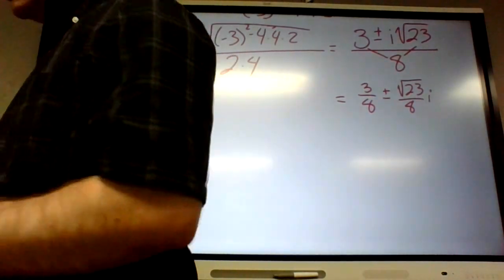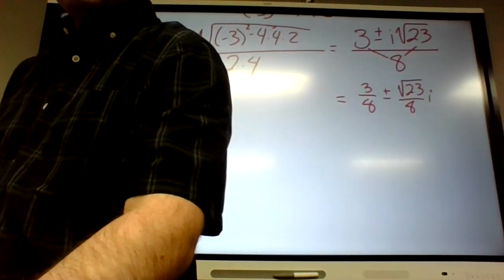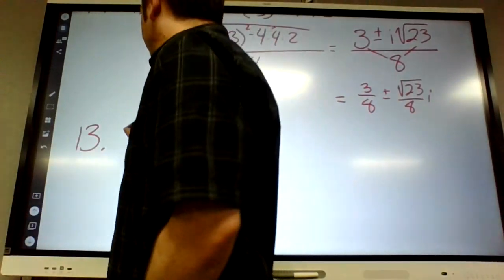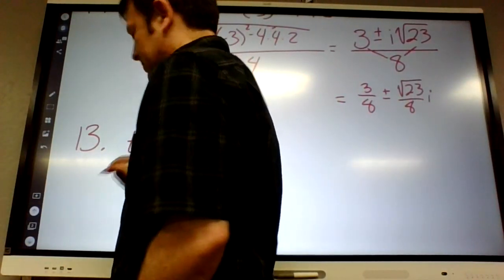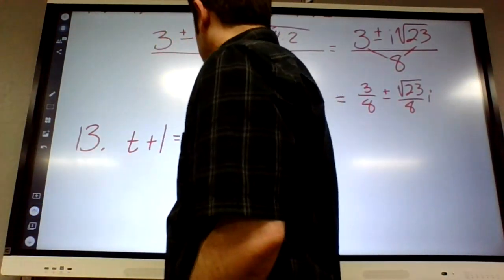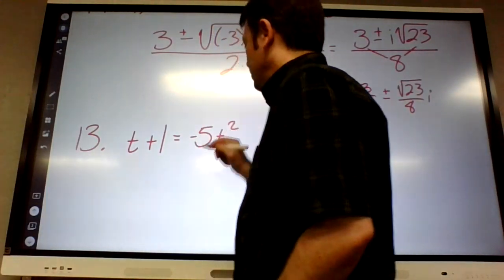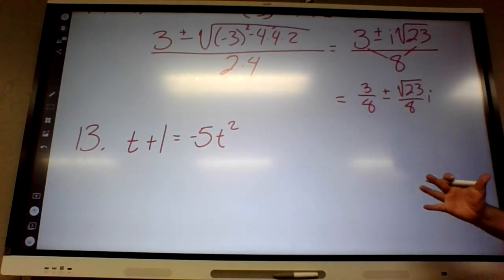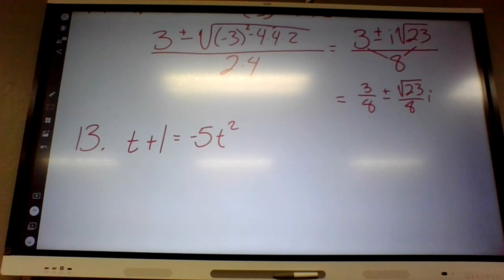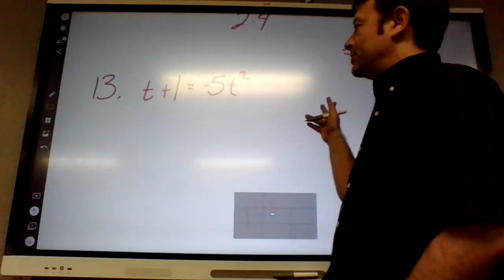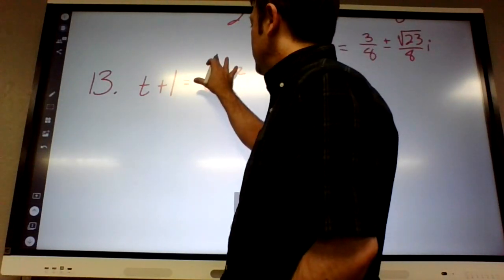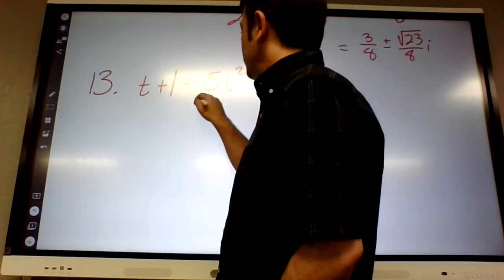Alright, 13. So I'll do a couple more. What's wrong with 13? Yeah, it's not set up like number 1 was. Everything should be on one side equal to 0. So what should I do to fix it? Yeah.